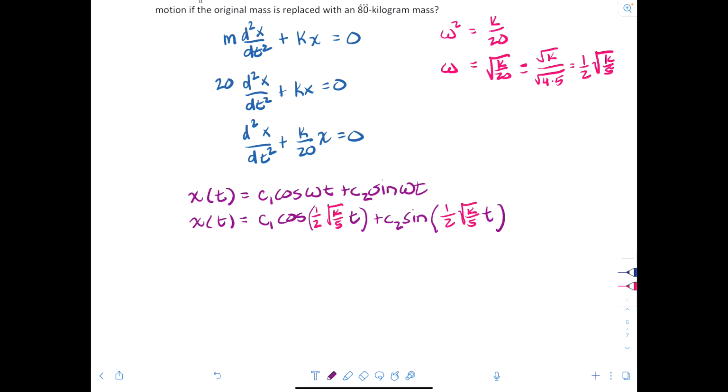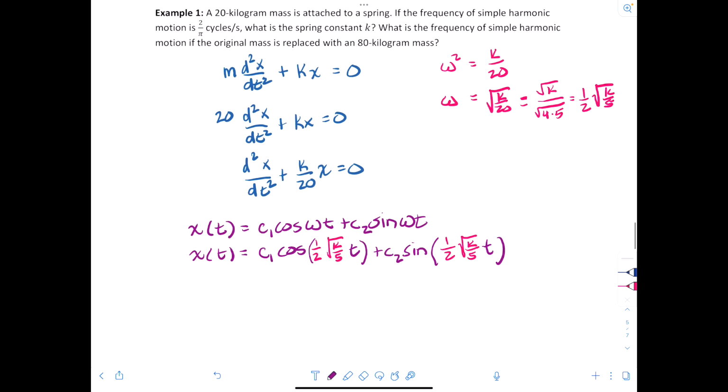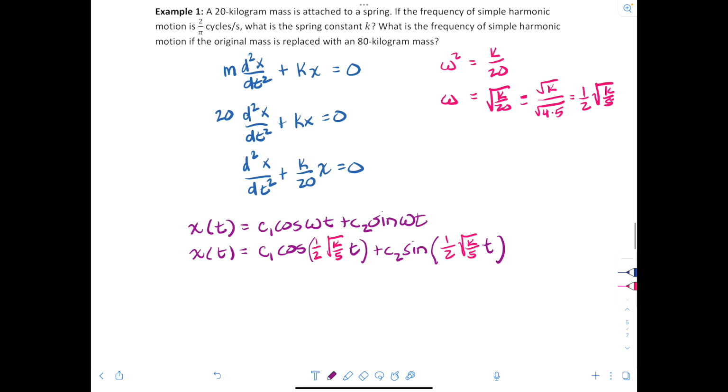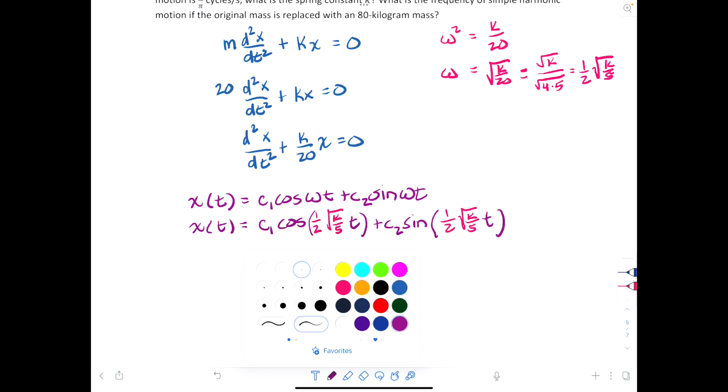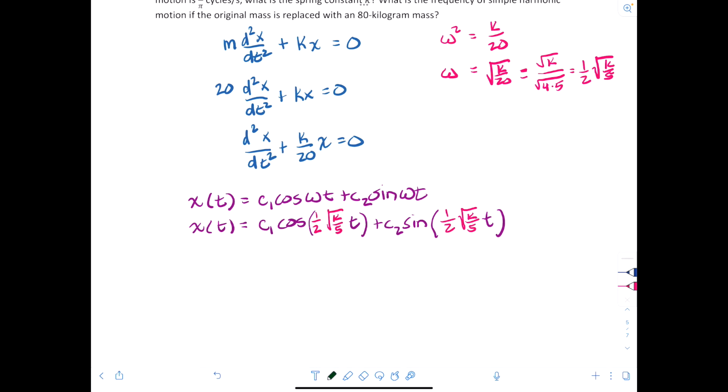All right, now let's figure out what k is. Wouldn't it be nice to know k? Because we want to answer all these questions, we need to find the spring constant k. So let's do another bit of work on the side. We found omega already. Now let's take a look at finding k. What do we know?